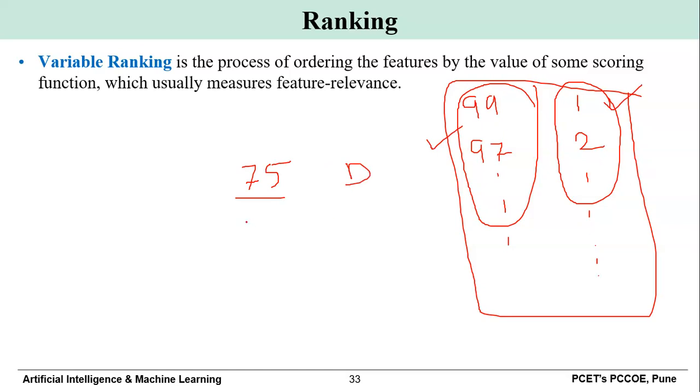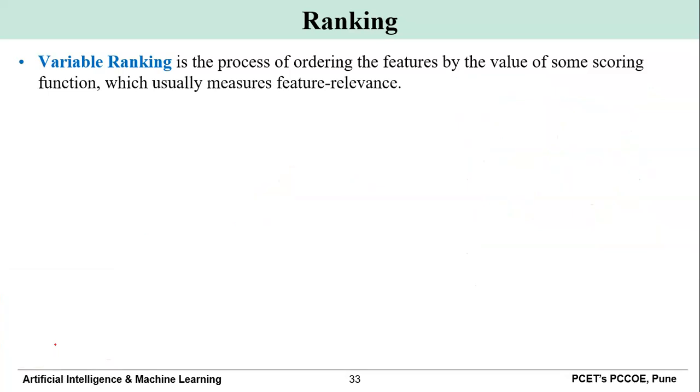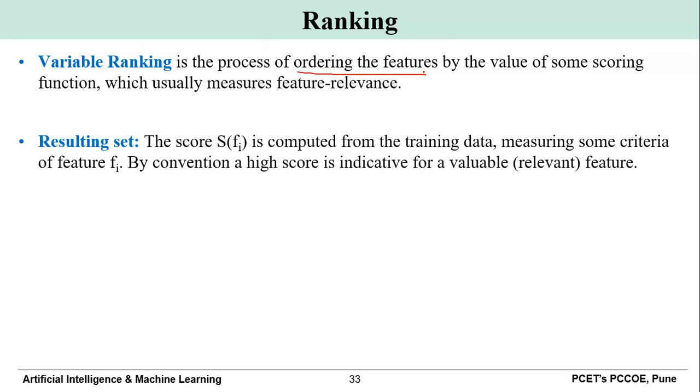Similarly, those who receive marks between 60 and 75, we can call them first class students, and so on. So this is one approach to rank the students according to their scores in a subject. Similarly, there could be several parameters. Based on that, we can rank the features, right? That is the approach we use for ranking.